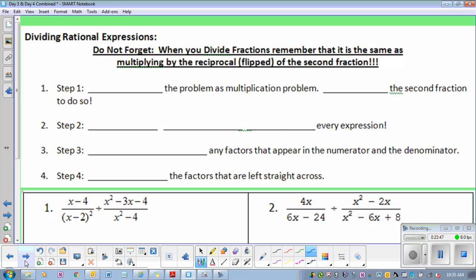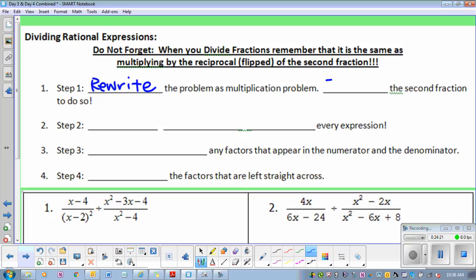So we can also divide rational expressions. And here's the thing. When you divide fractions, you're really multiplying by the reciprocal of the second fraction. So with this, here's what we're going to do. Step number 1, we're going to rewrite our division problem as a multiplication problem.